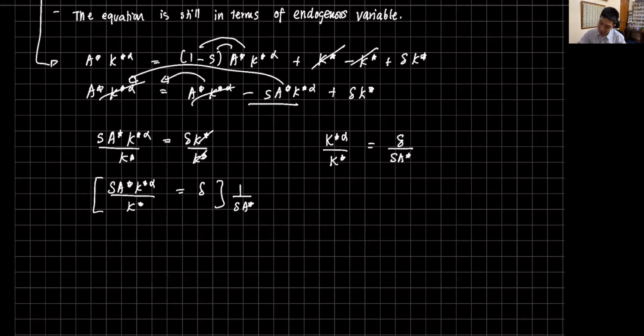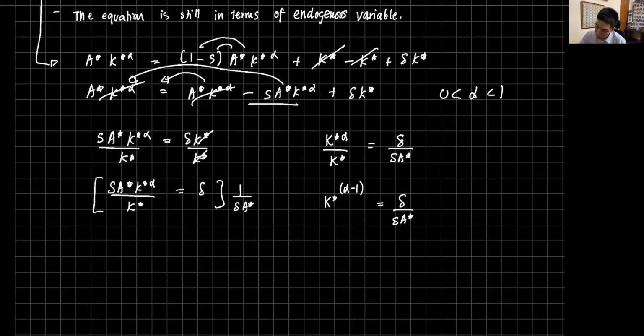So here we can simplify this easily. The exponent of the numerator is alpha. The exponent of the denominator is 1. So this is basically K star raised to alpha minus 1, equal to delta over S A star. But you know that alpha lies somewhere between 0 and 1, so this is not a good solution.